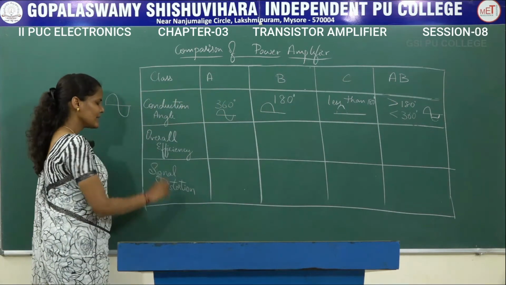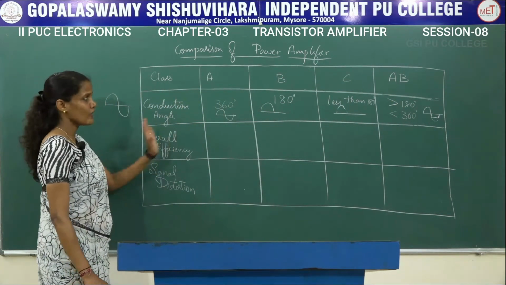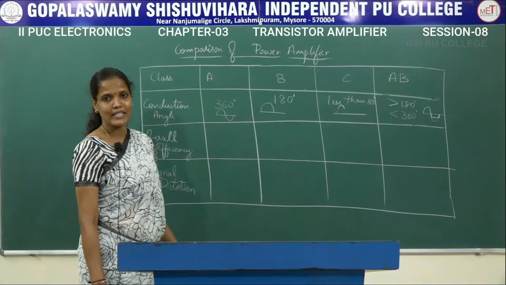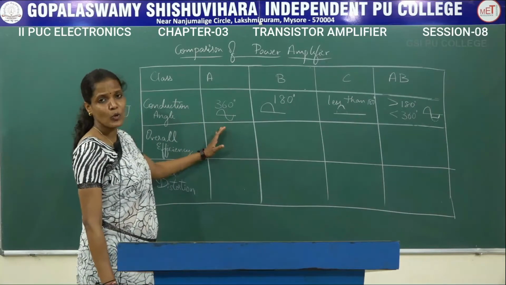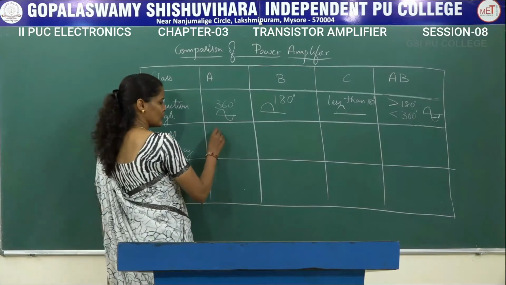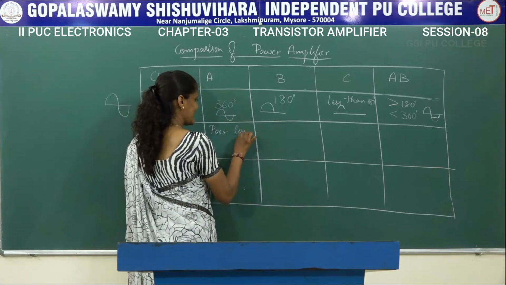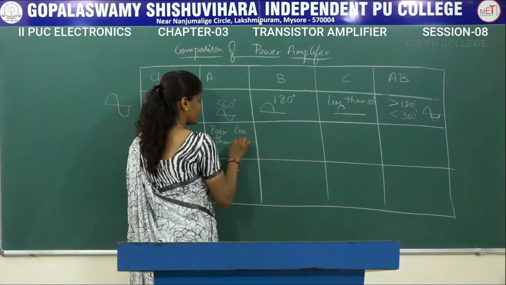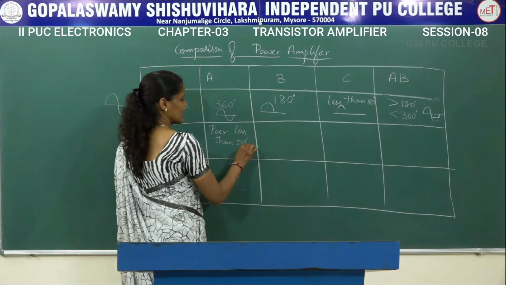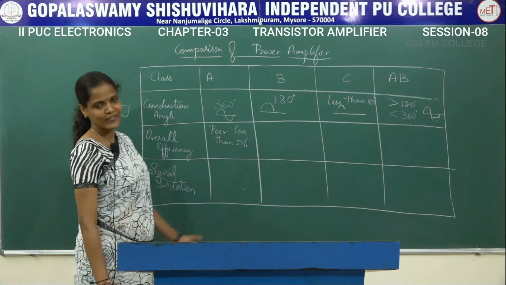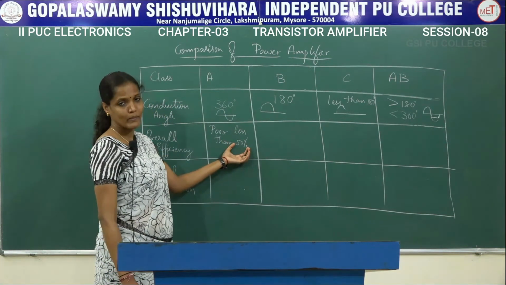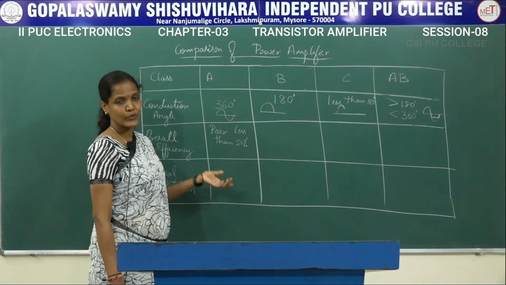So the conduction angle in the class AB type of power amplifier is more than 180 degree but less than 360 degree. Coming to the overall efficiency of these power amplifiers, it is very poor in the class A type, less than 50%.